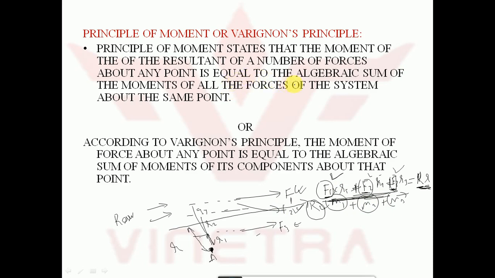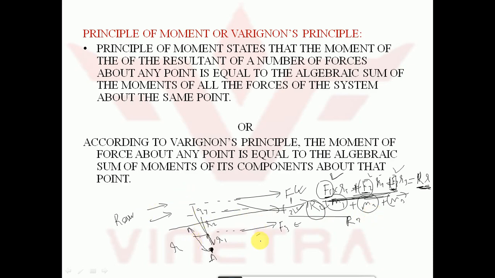So this is equal to the algebraic sum of the moments of all the forces of the system about the same point. So the algebraic sum of all the moments about a particular point is equal to the moment produced by the resultant about that point.